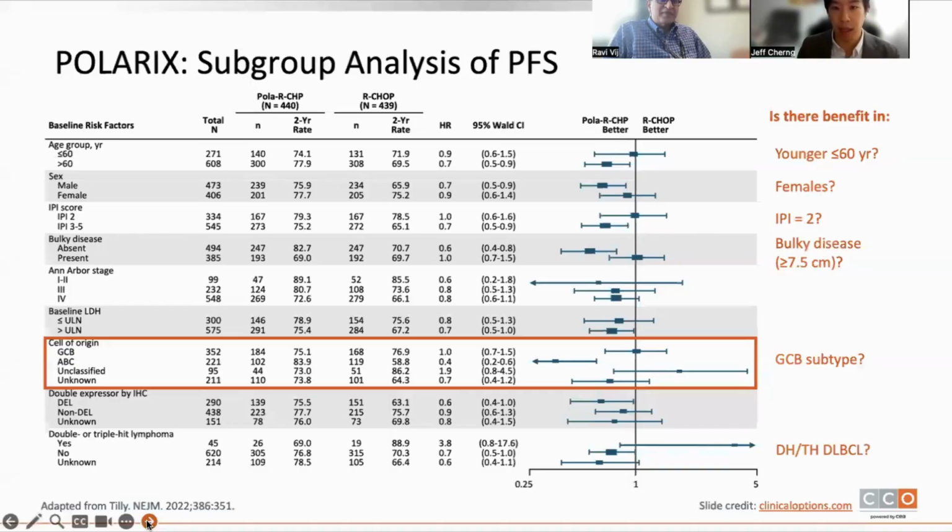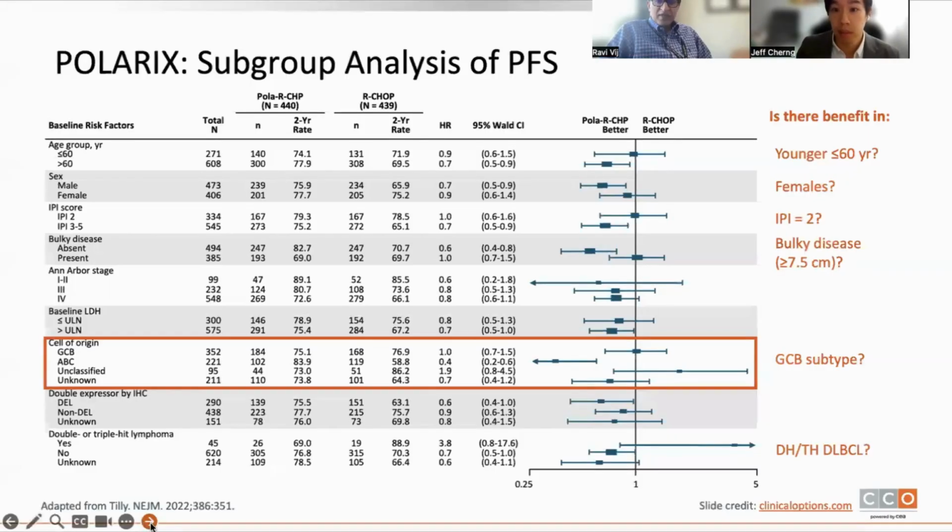We look at the highlighted sort of subgroup analyses here, where there seems to be quite a preference for pola-R-CHP for that subtype, whereas patients with GCB subtypes seem to fall sort of right in the middle, comparing pola-R-CHP versus R-CHOP.